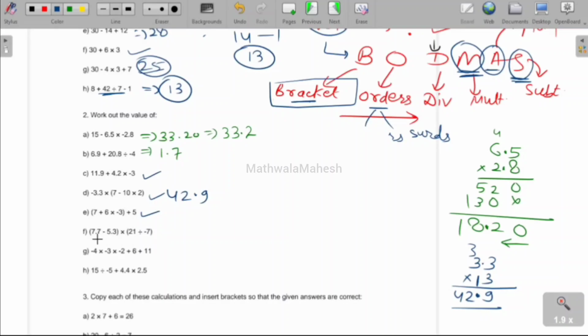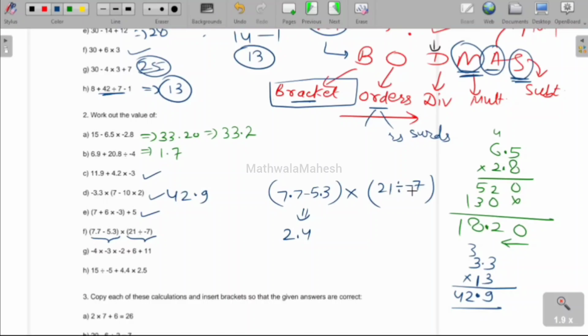In this question you first solve this bracket and after that solve this bracket. So 7.7 minus 5.3, which is 2.4, and multiply 21 division by minus 7.